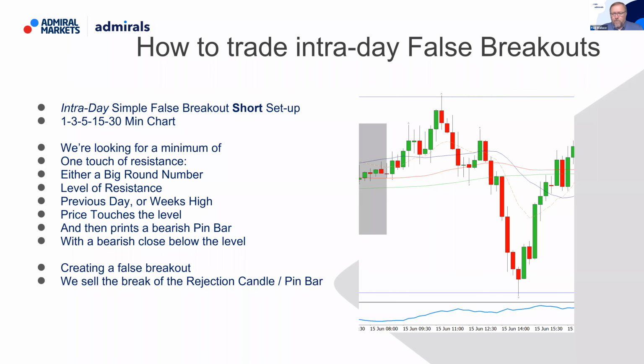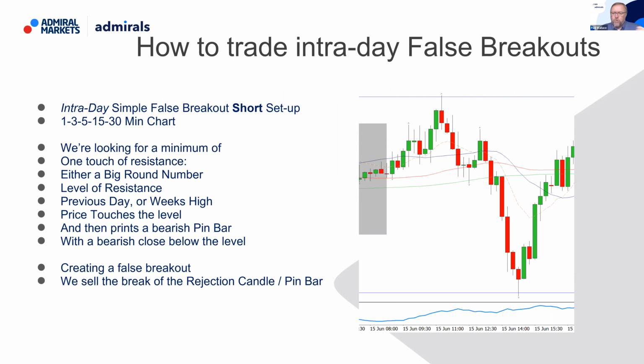So, as I said, a touch of resistance: either a big round number or an existing level of resistance. And if you remember, from the very start of the webinars we've done here with Admirals, we've always talked about simple steps to start, even if you're an intraday trader. Every time you open an instrument, you should be looking to draw in levels of support and resistance from monthly, weekly and daily charts, because you'll see that they will still be valid on shorter-term intraday markets.